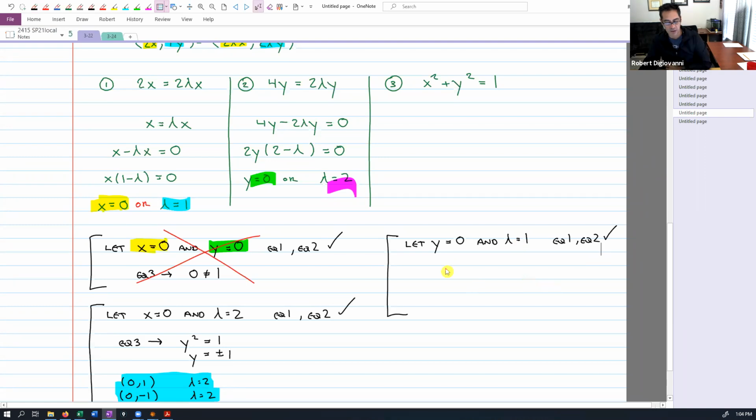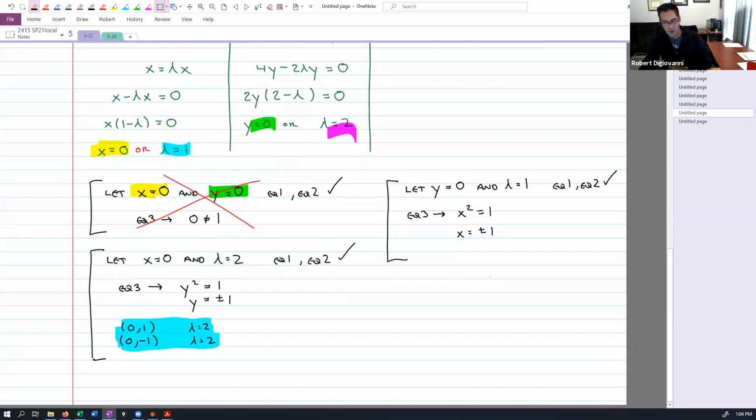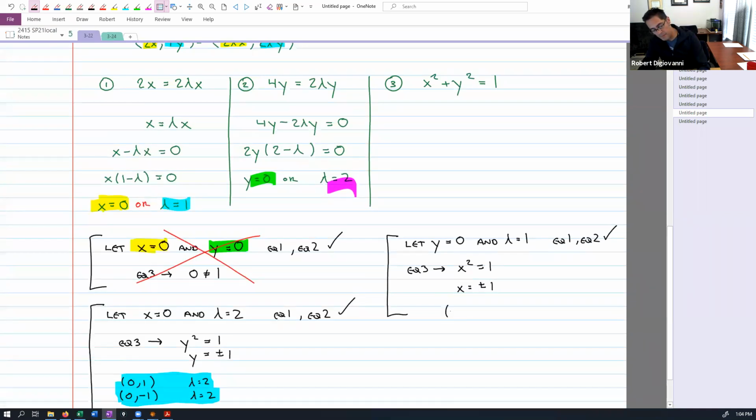Now I just need to figure out what would happen with the third equation if I let y be 0. In equation 3, if y is 0, we get x squared must equal 1, which means x must be plus or minus 1. So x could be 1 and y 0, or x could be -1 and y 0. And in both of these cases, lambda is 1.